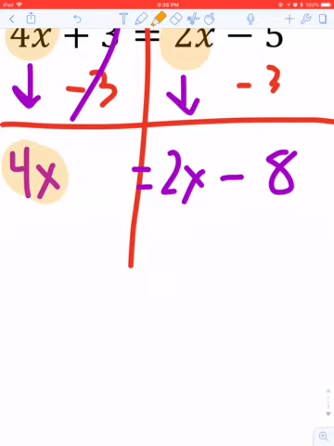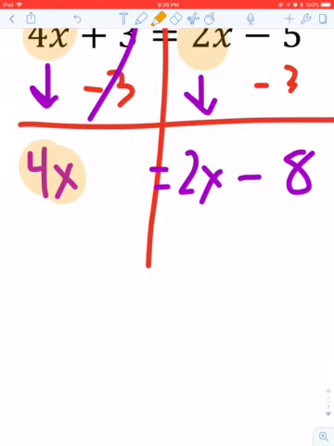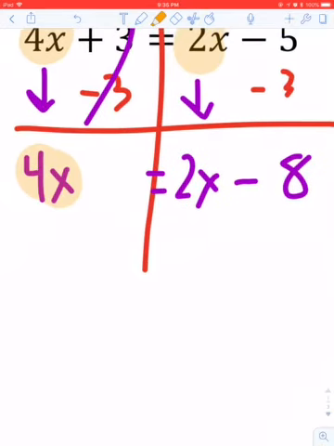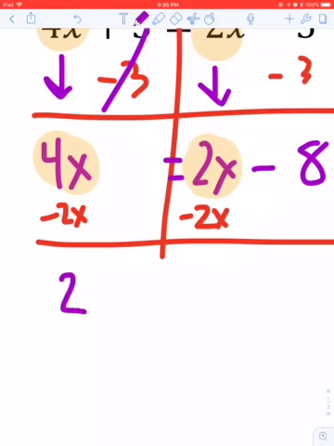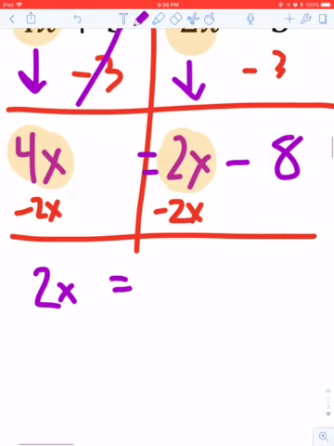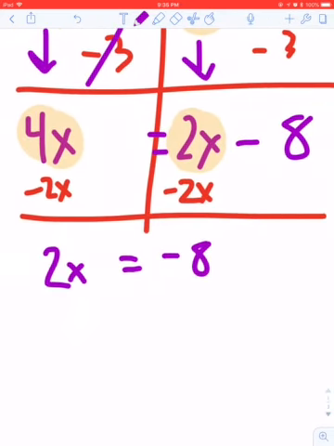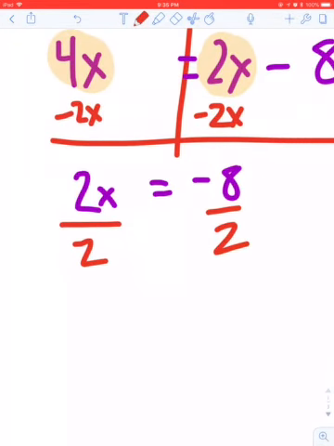I note over here on my left side, I have a 4x. There's nothing else with it, so I'm good there. But on this right side, I have a 2x and the 8. So like I said earlier, I wanted all the x on one side, all the numbers without x on one side. So here I need to get rid of this 2x. So 4 minus 2x, that gives you 2x. And then over here I have negative 8. I'm going to divide by 2 to both sides to get rid of the 2. And that leaves me with x is equal to negative 4.